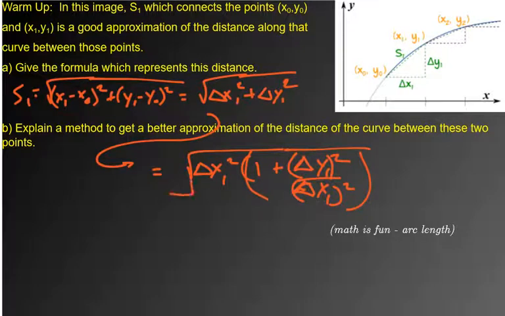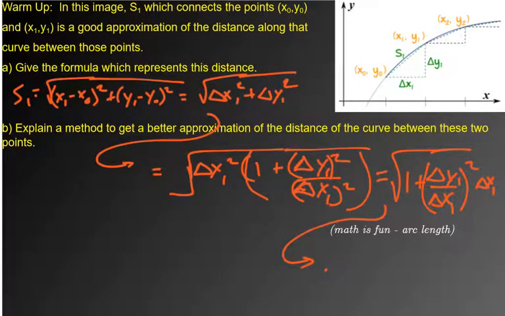If you multiply that in, you would get the same thing. Then you can take the square root of the delta x1 squared, and you get 1 plus delta y1 over delta x1 squared, and then a delta x1, and it's not squared. This should look familiar, because this is like the dy dx squared, and this is like the dx.